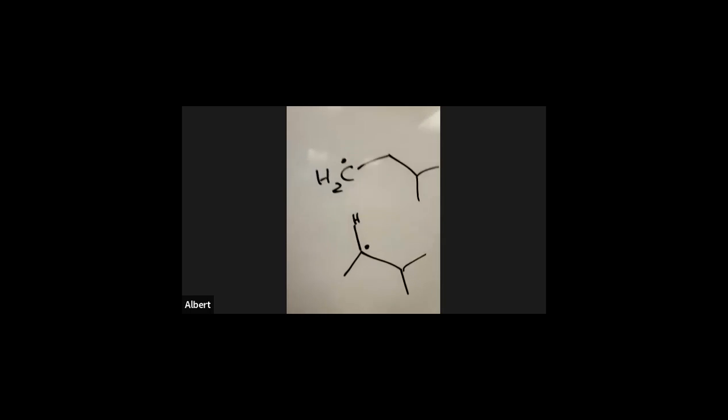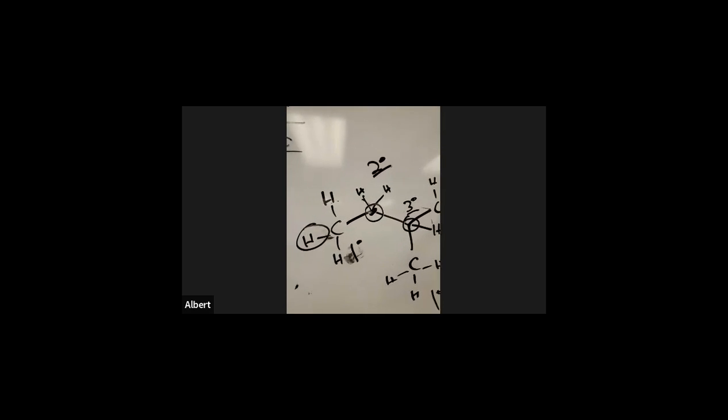And then I could get a radical at either one of these sites, but I'm gonna pick the top. But they're both equivalent, so if you were to pick the bottom one, it wouldn't matter. So then I'm gonna get that right. So that's 4 different products.